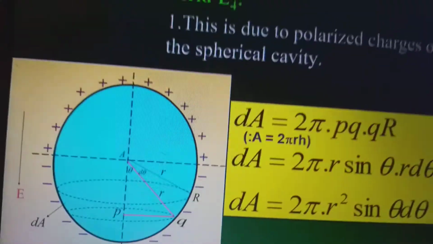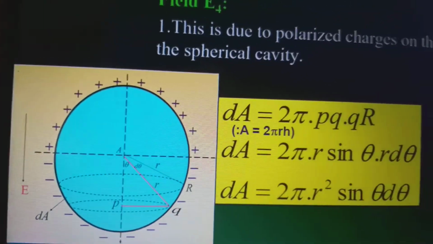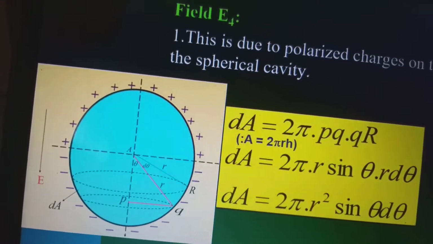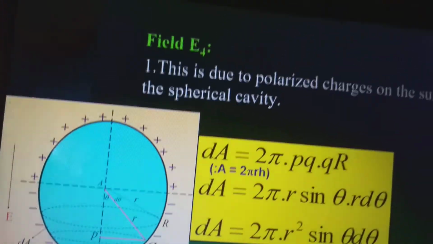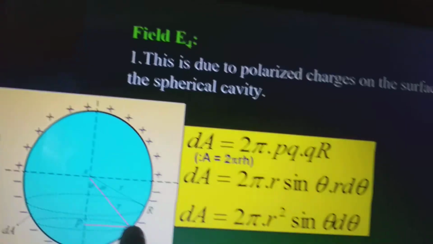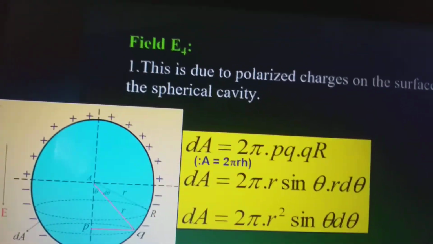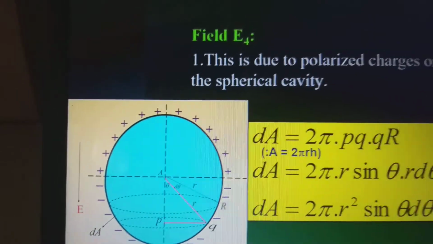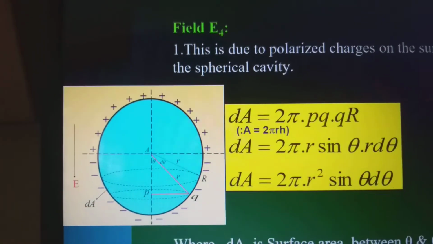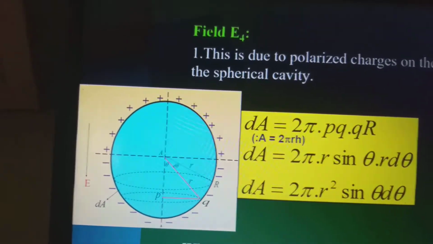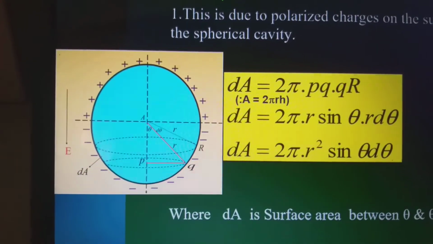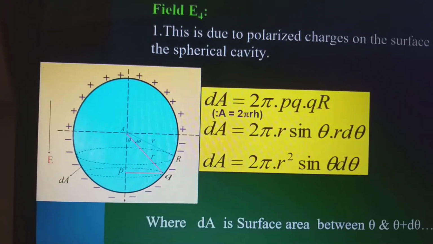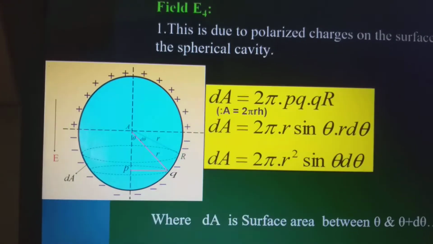So for the smaller segment, dA is equal to 2 pi into PQ into QR. In the triangle, PQ is equal to r sin theta, and QR is r d theta. So dA is 2 pi r square sin theta d theta, where dA is the surface area between theta and theta plus d theta segments.